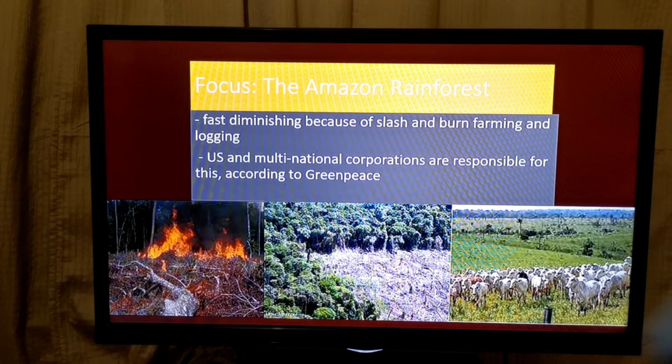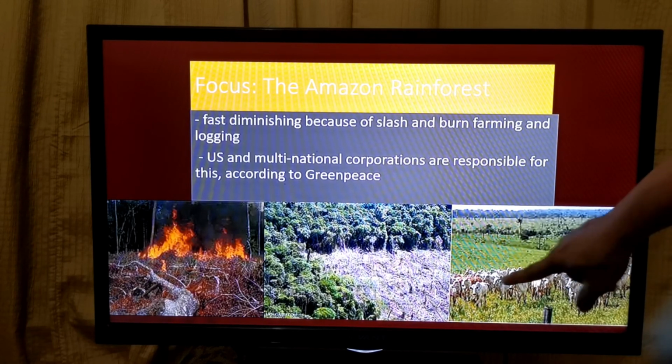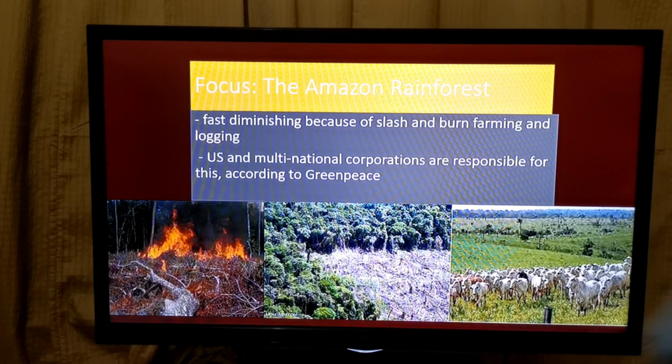And according to Greenpeace, which is an environmental organization, the ones behind the slash and burn business are the multinational corporations and the United States. Why? Because these corporations are the end users, or the ones who buy the beef products.